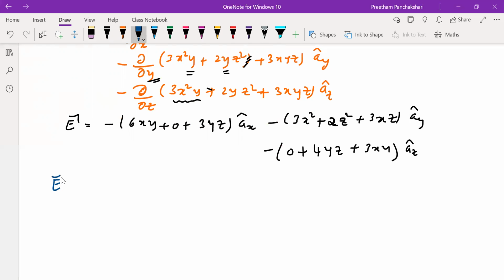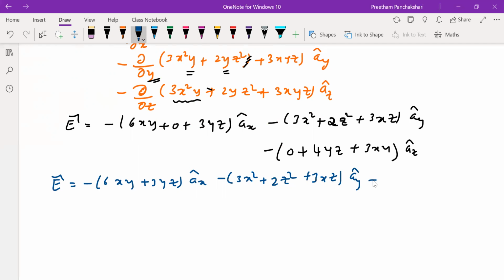E is equal to, is any simplification possible, let us check: minus of 6xy plus 3yz, ax cap. Here it is minus of, no changes possible, 3x square plus 2z square plus 3xz, ay cap. The last one is 4yz plus 3xy, az cap.